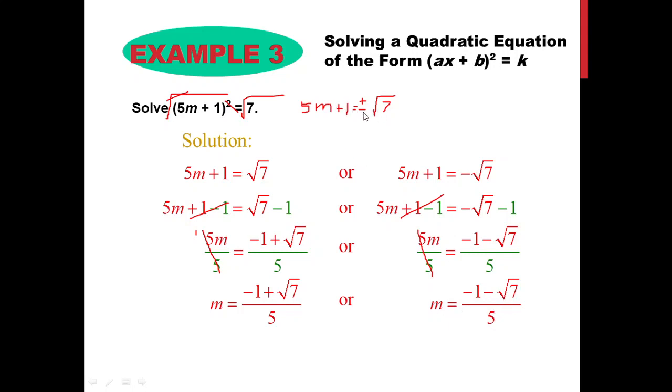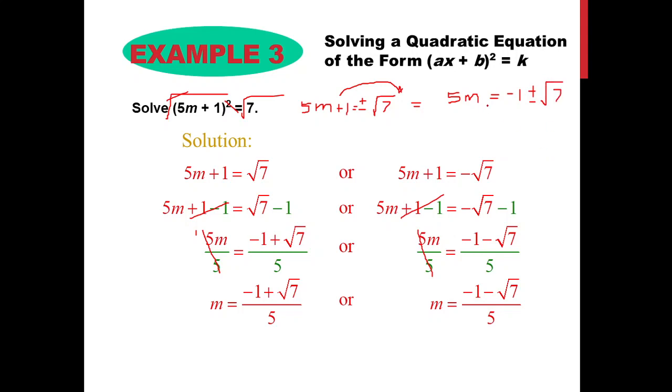Or you can do it here using the transpose method. You need to transpose 1 on this side, leaving us with 5m equals, your positive 1 becomes -1 plus and minus the square root of 7.